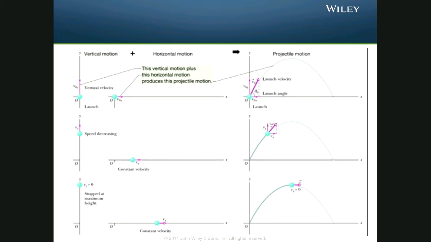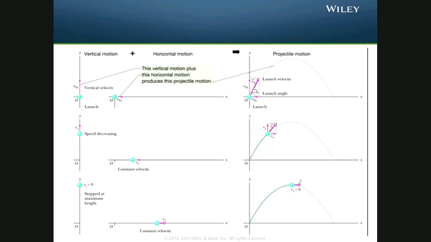So when we look at this here, you're going to notice with projectile motion, we have our vertical motion, and we're also going to have our horizontal motion. Vertical motion is chapter 2, plus our horizontal motion, and that will give us this projectile motion, and you can see the arc that's created here.